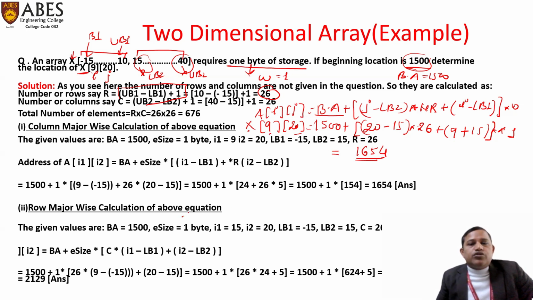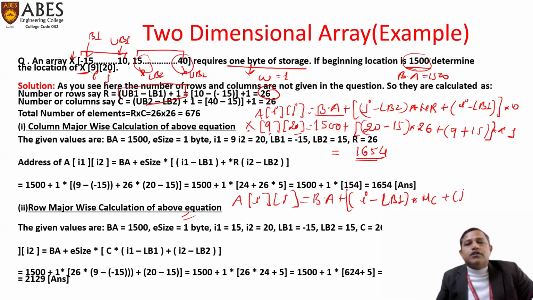If you calculate using row measure order, your formula will be A i j equals base address plus i minus lower bound 1 multiplied by the number of columns you have to skip, plus j minus lower bound 2, multiplied by the size, that is 1 byte. So put the values from the given question.